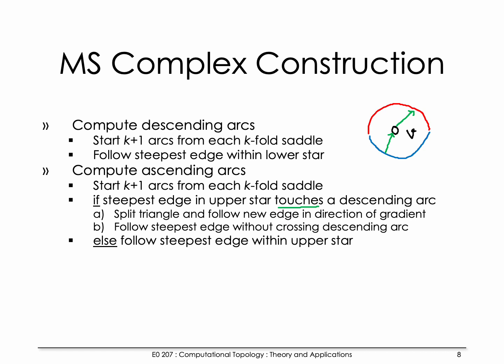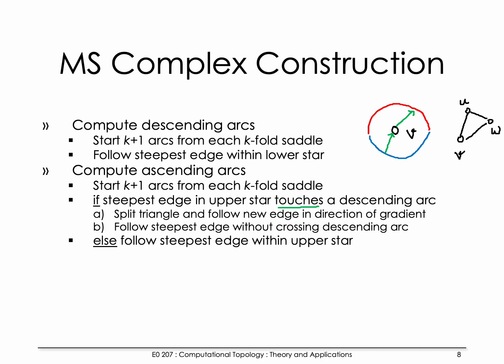So let's take this triangle that contains V as an example. So here is V, and here is a triangle. Let's give names U and W. Let's say that the steepest ascent was along VU. However, if VU was already a part of a descending arc, then we don't want the ascending arc to pass through this.